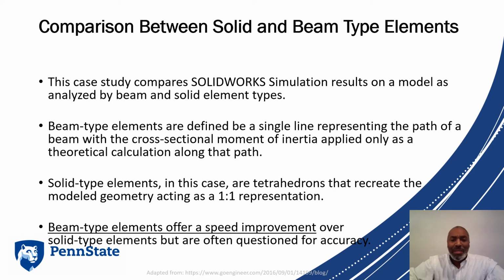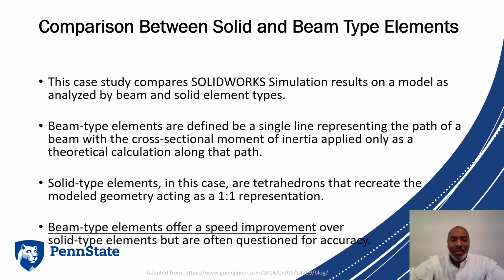The other end, likewise, can be fixed, built in, or simply supported. But if it's in a frame structure, then the other ends are beholden to whatever it's attached to. Solid element types in this case are tetrahedrons that recreate the model geometry, and they act as a one-to-one representation. What that means is that we discretize the beam into small elements and small chunks, and then we analyze each of those chunks, and we put the solutions for each of those chunks back together to see what the whole beam does. Whereas if you're using beam elements, you just assume that you've got one long beam between boundary conditions.